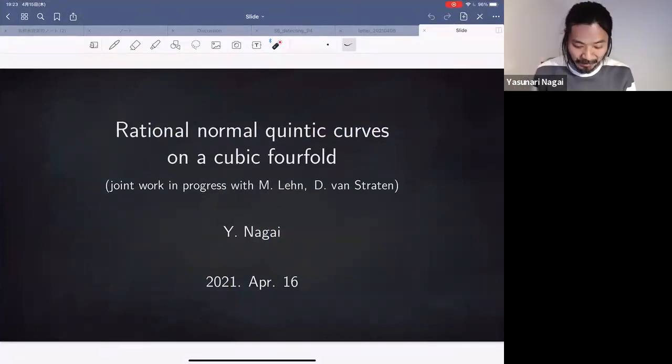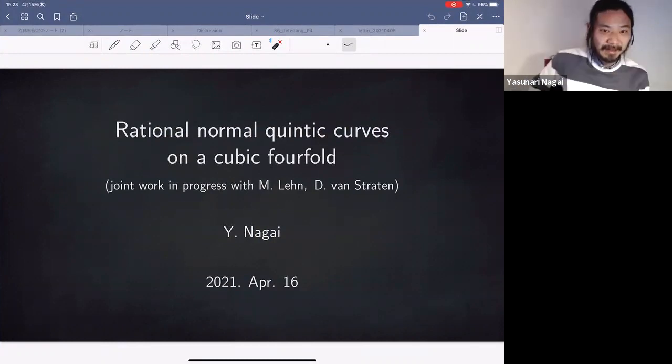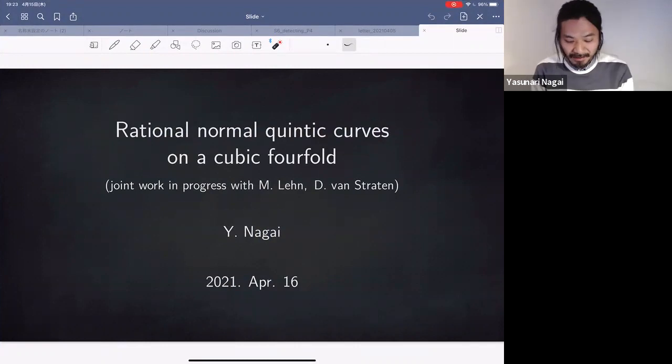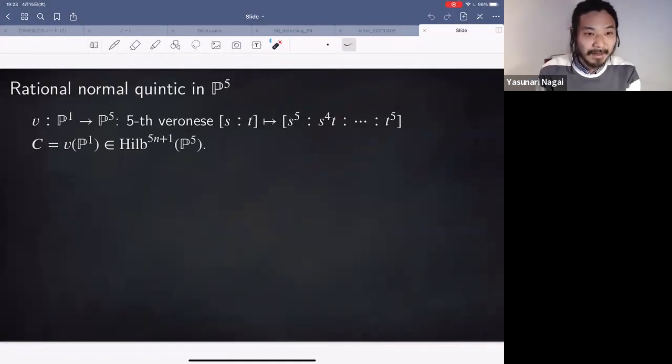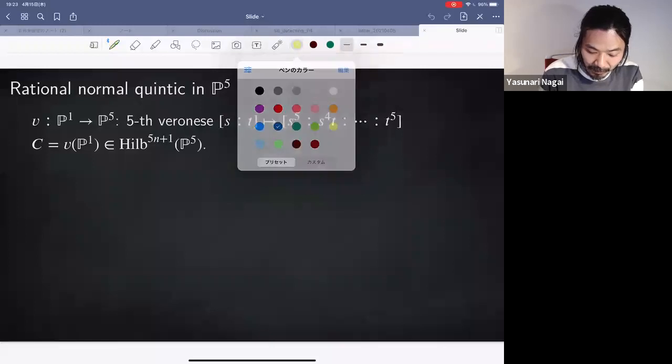So I try to talk about rational normal quintic curves on cubic fourfolds, and this is joint work in progress with Manfred Lehn and Duco van Straten. So I start from the rational normal quintic. This is really a basic thing.